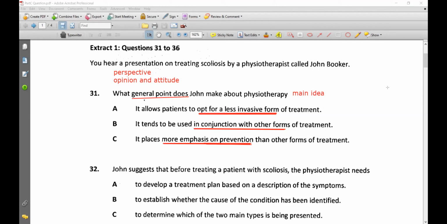Similarly, if you look at the second question here, it says John suggests that before treating a patient, this is a very, very important keyword for you. Before treating a patient, what does the physiotherapist need to do? What is something that they have to do before treating the patient? So here it says they should develop a treatment plan based on a description of the symptoms.